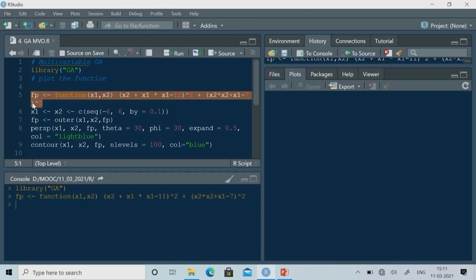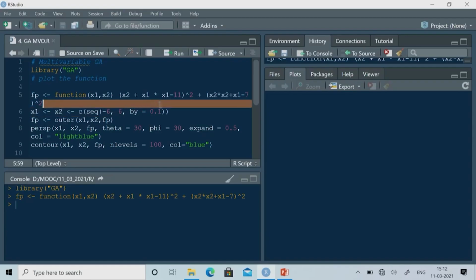I have executed this function, and then I am defining x and y. x and y are between minus 6 and plus 6, so I can use the seq sequence function, from minus 6 to plus 6, with points created at an interval of 0.1. This is true for both cases, that means x1 varies between minus 6 and plus 6, and similarly x2 also varies between minus 6 and plus 6. Let us execute this particular line.